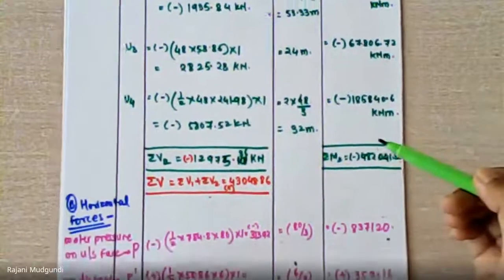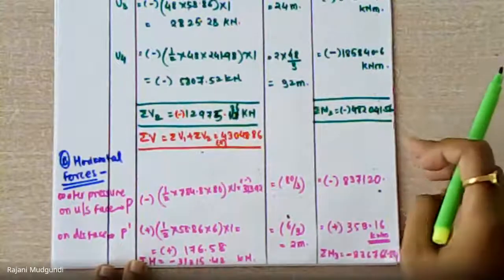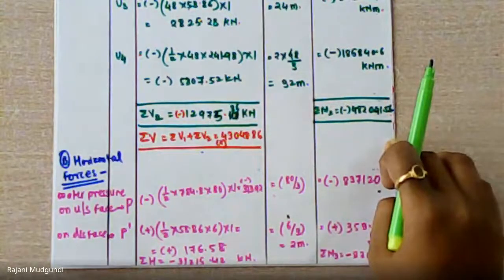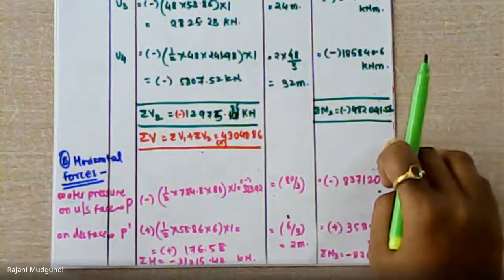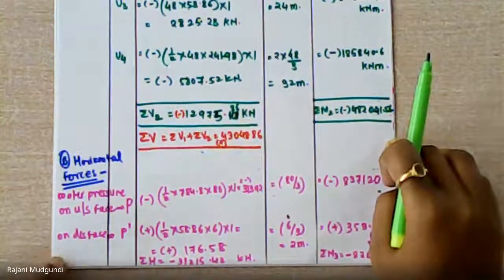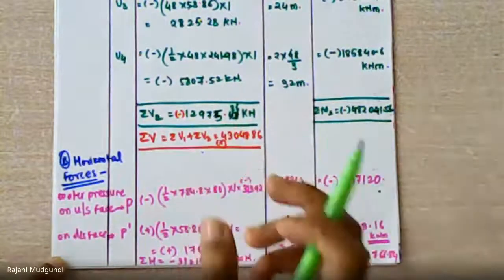Now the last part is the calculation of horizontal forces. The horizontal force on the upstream side will be only because of the hydrostatic pressure of water. Water is standing up to a height of 80 meters as per the given dimensions of the dam, so gamma W into H will be the pressure intensity at the base.